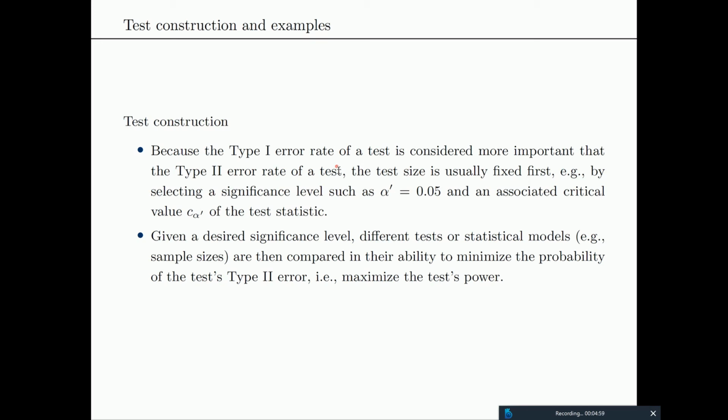If you look into hypothesis testing, people say we want to do a test of significance level 0.05, but then we have to maximize power, we have to use more participants.